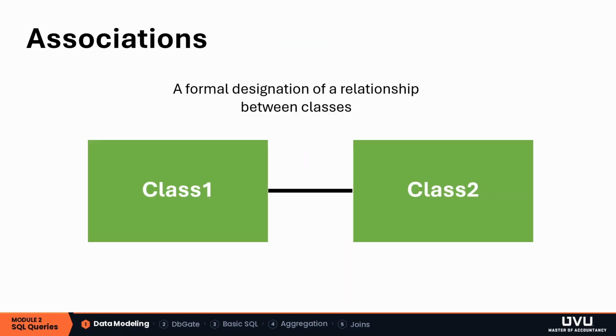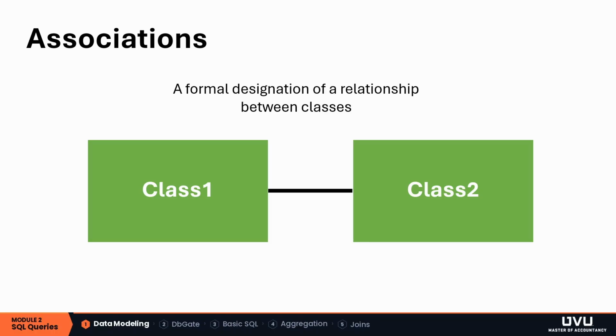Data is stored in standalone tables for the sake of efficiency, but the data contained in one table is often directly related to data contained in another. And when data is stored like this in Excel, you would typically think of using lookup functions to merge data across multiple worksheets. But relational databases improve on such an approach by explicitly specifying associations or relationships between two classes.